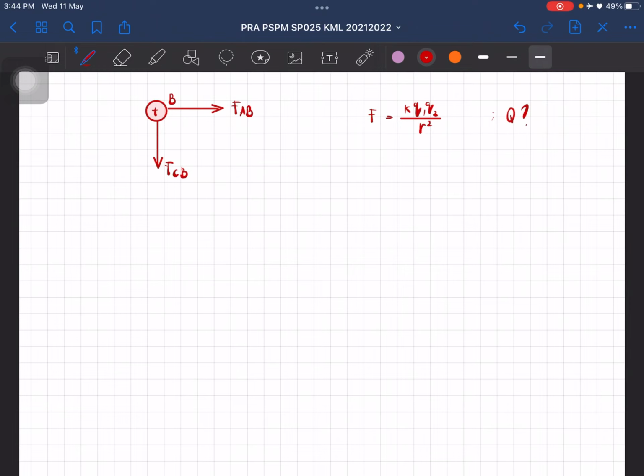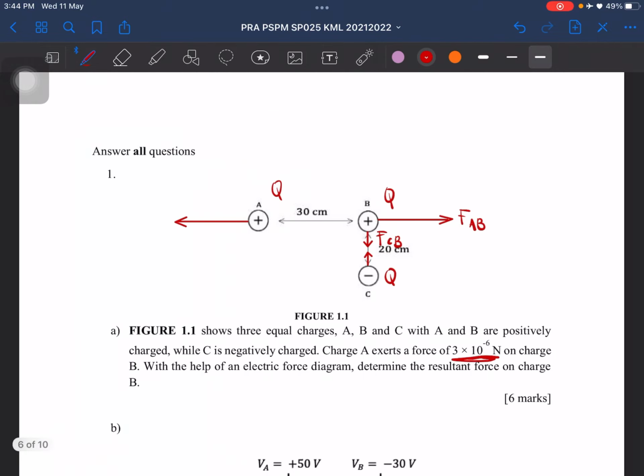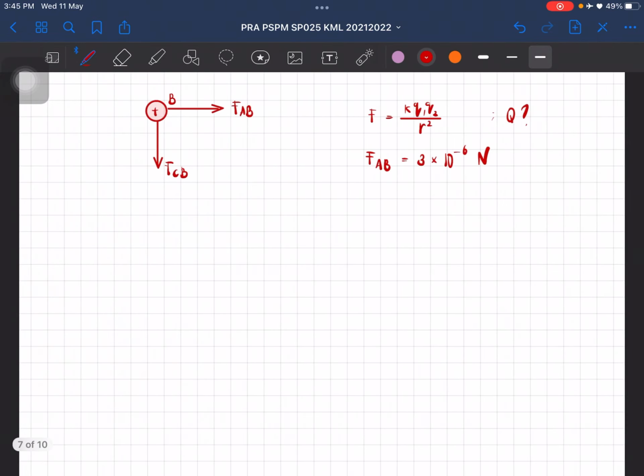So what is the charge? What did they give us? They only gave us the force due to charge A on charge B, which is 3 micronewton. So this is the only information that we have. There is also the distance between these charges, which is RAB. It is 30 centimeter, so 30 centimeter is 0.3 meter.